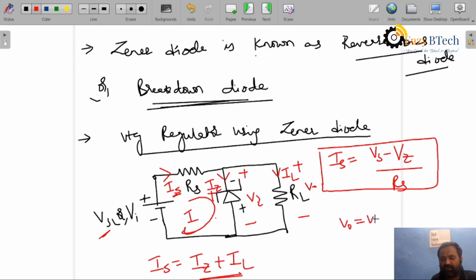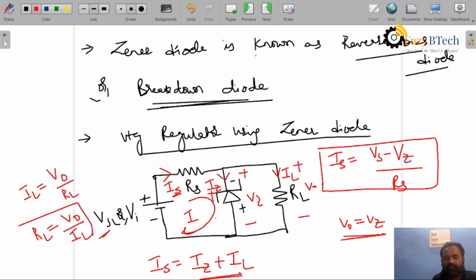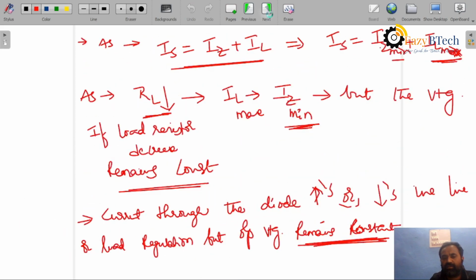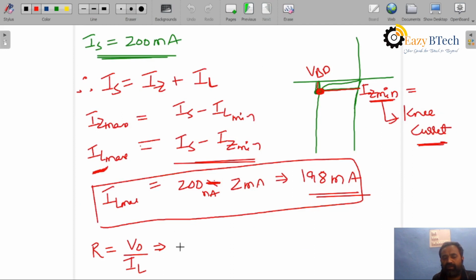So IL is V naught by RL, and RL is V naught by IL. Therefore, RL minimum is V naught by IL maximum.